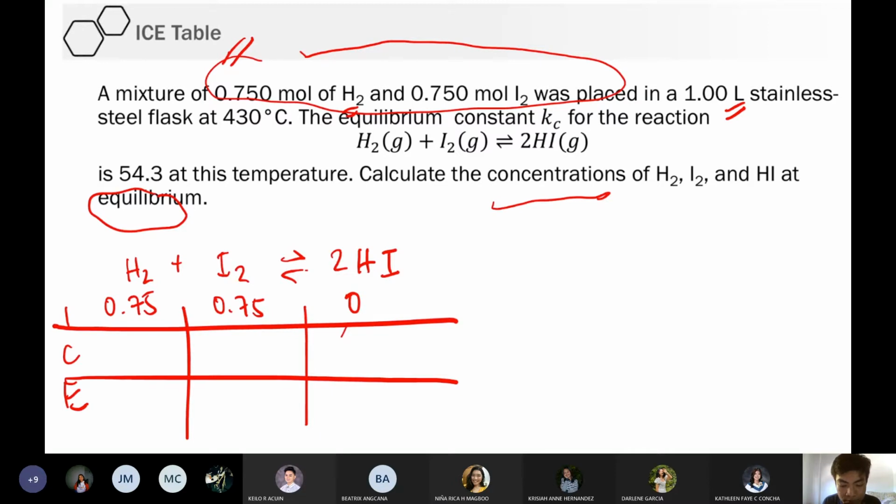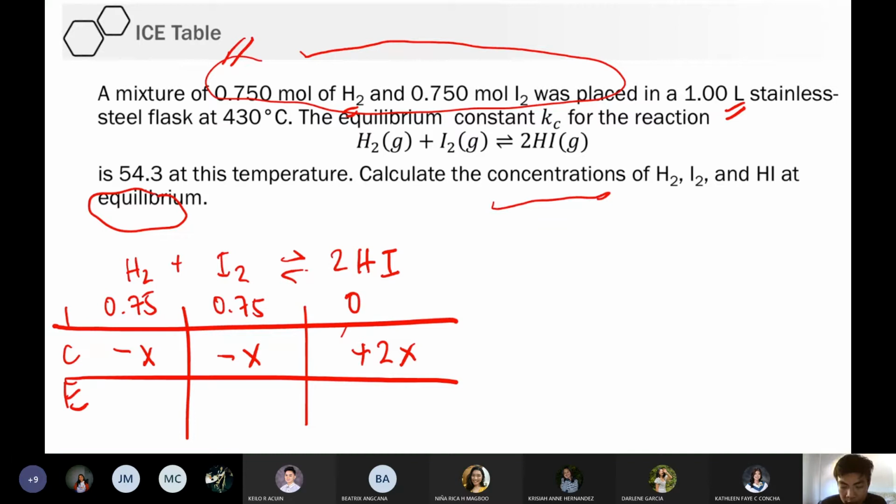So the change for the reactant side is negative. That's negative x for H2, negative x for iodine, and for HI, that will be positive 2x. HI is our product, and the reaction is going to the product, so the change must be positive for HI.